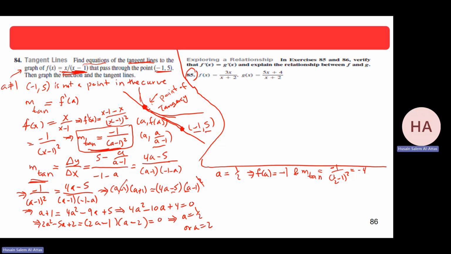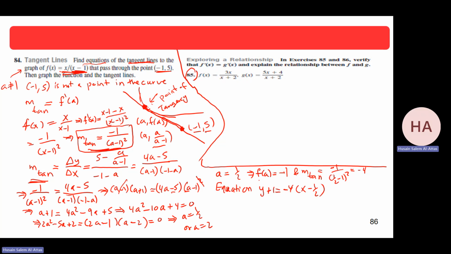Okay, so it will be the equation: y plus 1 equal minus 4 times x minus half.